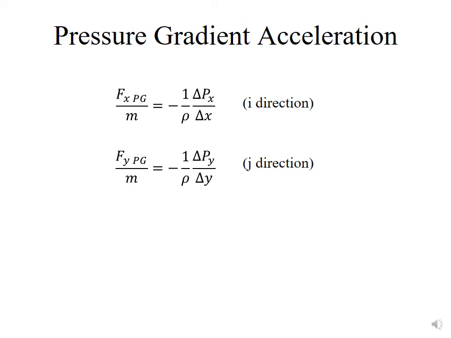And then the exact same thing for the acceleration in the y direction, which is the north-south direction, which is the J direction, is going to be equal to minus 1 over rho times delta P over delta y. So to understand the acceleration, you just have to understand how the pressure is changing in the x and y directions. And of course, it's the pressure gradient force that is driving the winds.